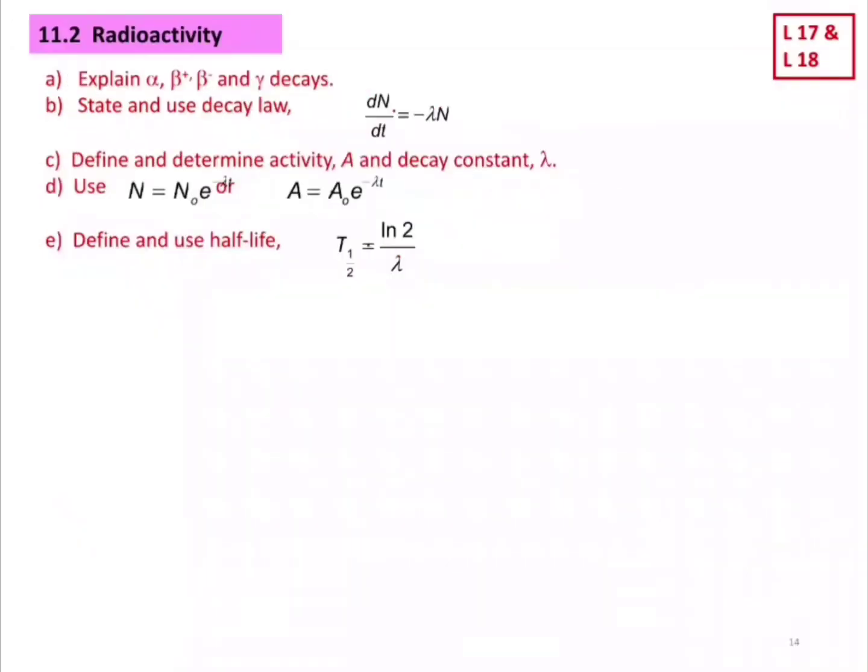Okay, so for 11.2, the radioactivity. For 11.2, we have 5 learning outcomes. Explain alpha, beta, and gamma decay. State and use decay law, dN over dt equal to negative lambda N. Next, define and determine activity. The symbol for activity is A, and this is the symbol for decay constant.